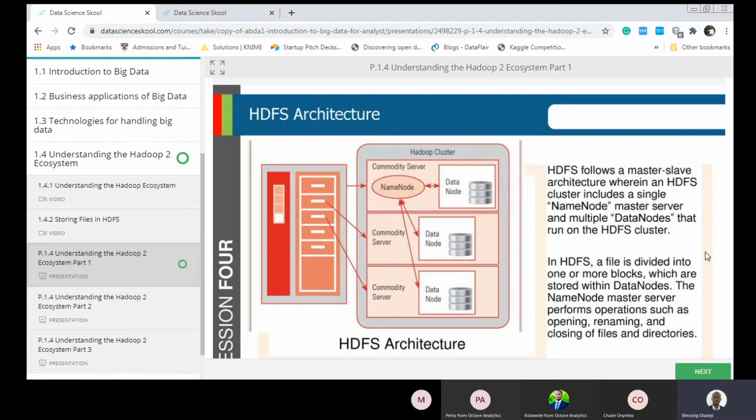So HDFS works in a master-slave environment, and you have what is called a name node, and you have what is called a data node. The name node is like the master, while the data nodes are like the slaves.